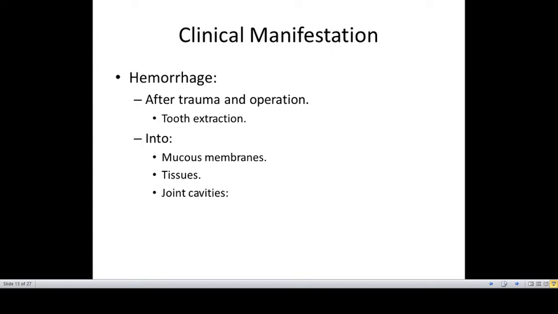Even a simple procedure like tooth extraction can lead to prolonged bleeding. The bleeding can occur into mucous membranes, or into tissues, or into joint cavities.